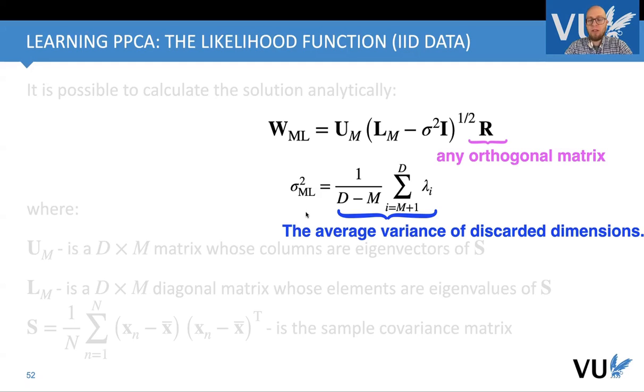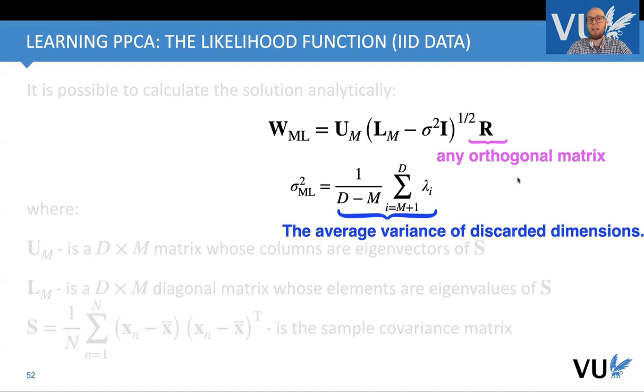If D is 100, for instance, and we take M to be 60, we need to take the 40 dimensions with the lowest eigenvalues, calculate the average of these, and this will be the remaining variance, the average variance of discarded dimensions.